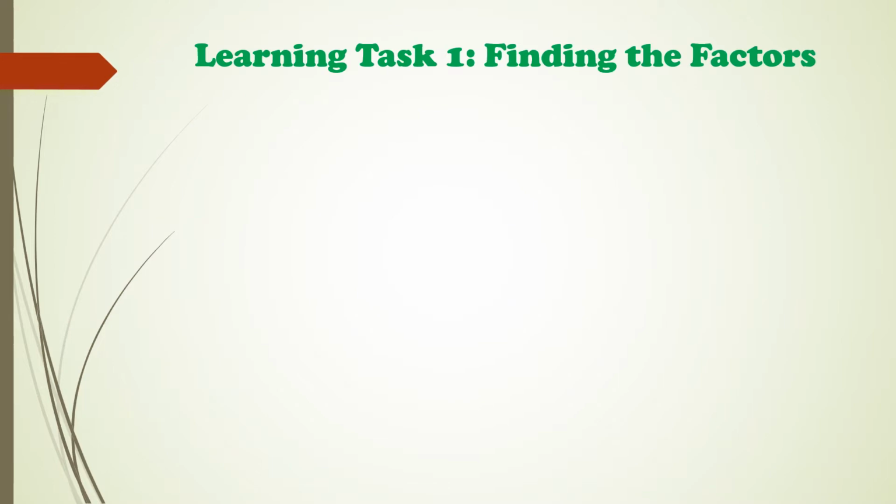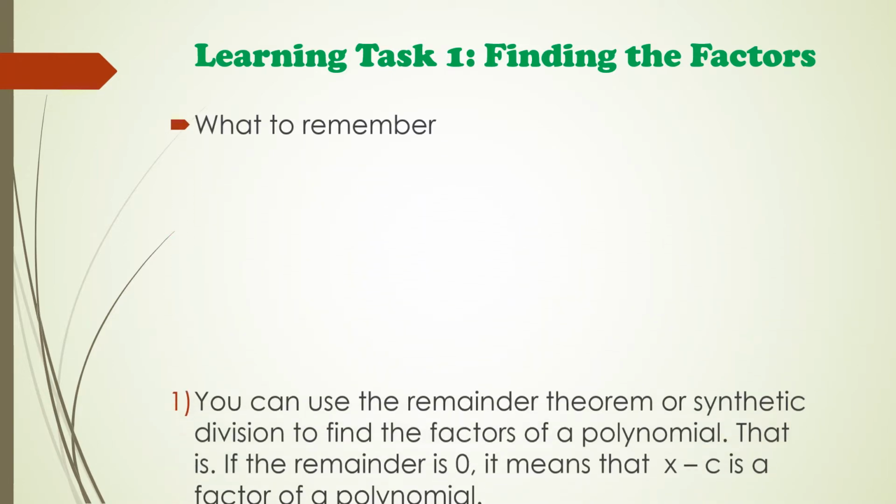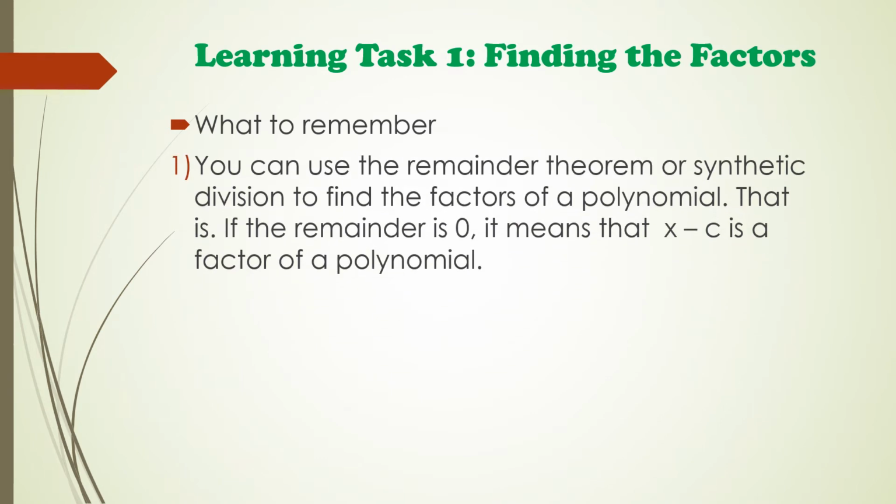Okay, so for our first learning task, you are going to find the factors. What are you going to remember? So in order for you to be guided, please remember these things. First, you can use the remainder theorem or synthetic division to find the factors of a polynomial.